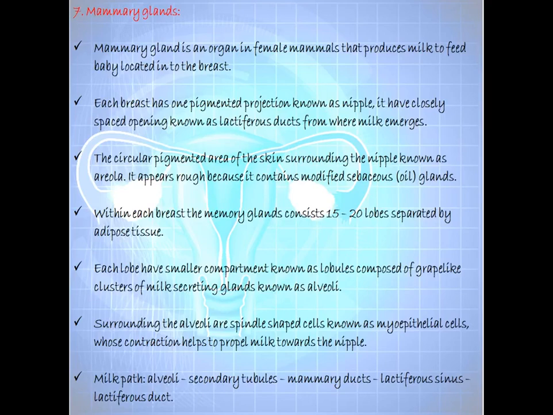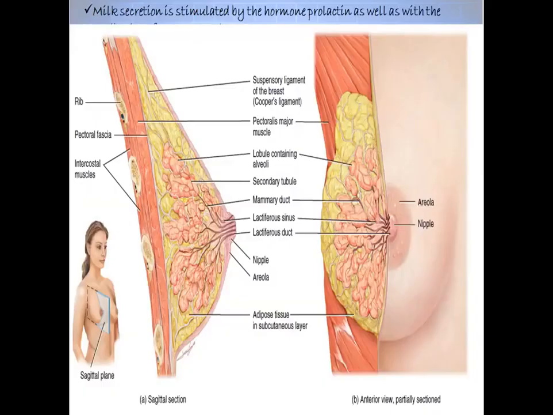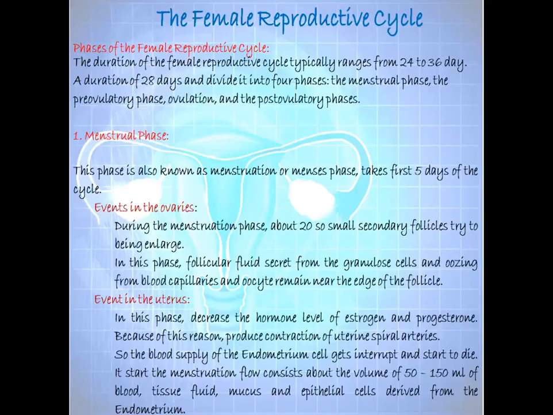Surrounding the alveoli are spindle-shaped cells known as myoepithelial cells, whose contraction helps to propel the milk towards the nipple. The milk path goes from the alveoli to the secondary tubules, to the mammary ducts, the lactiferous sinus and the lactiferous duct. Milk secretion is stimulated by the hormone prolactin.